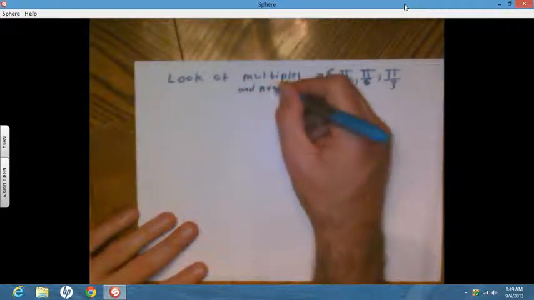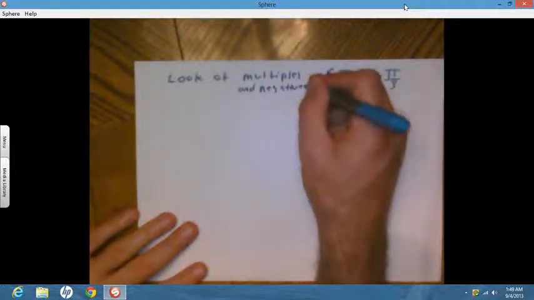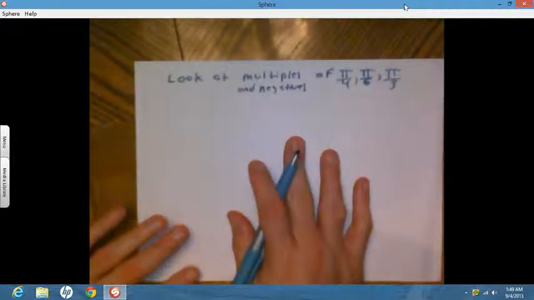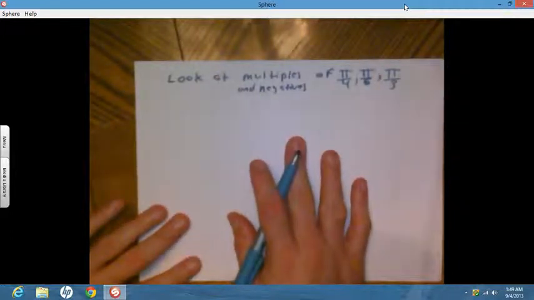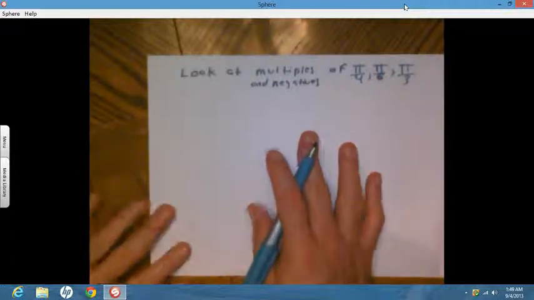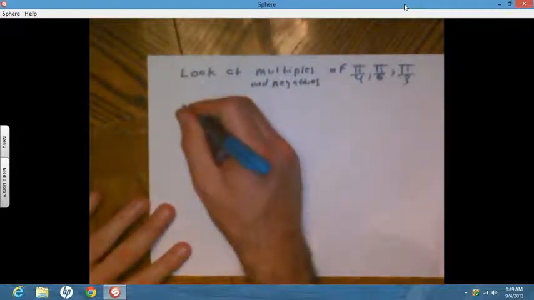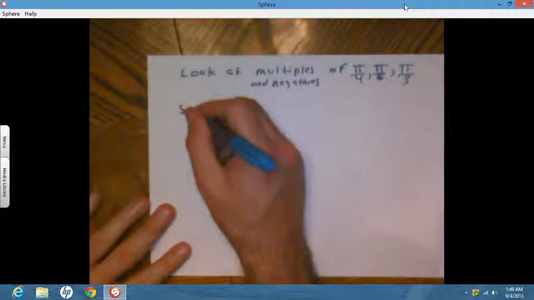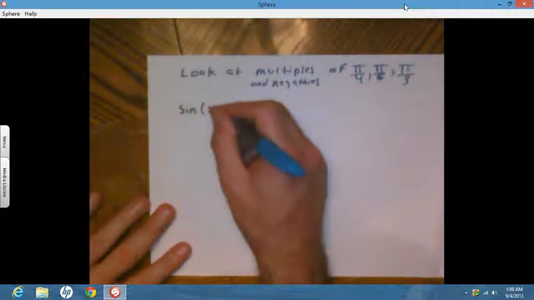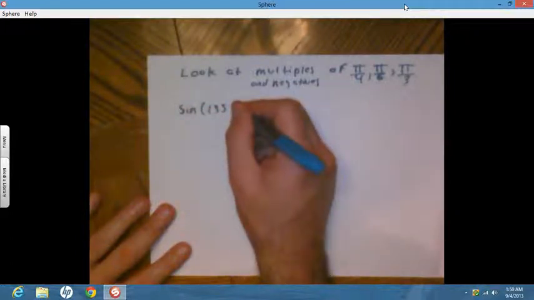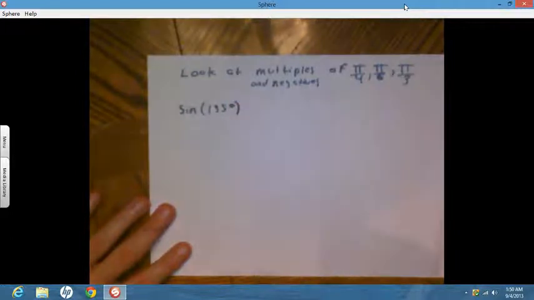All right. So the first one, we're going to look at an example, is we're going to want to find the sine of 135 degrees. Okay? And I'm going to do some of the examples in degrees, some of the examples in terms of radians.